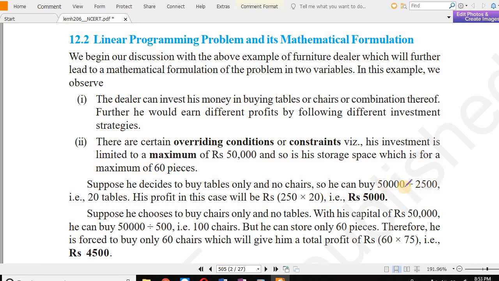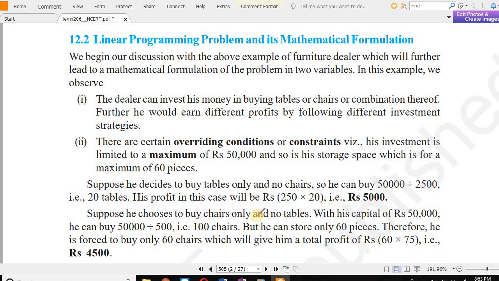All right. Now we have to be careful here. Does he have enough storage space to store these tables? And the answer is yes, because he can store 60 pieces, and here in this case he would only buy 20 tables. So if he did buy 20 tables, he would get the profit per table, which is 250, times the number of tables. So profit is 5,000 rupees.